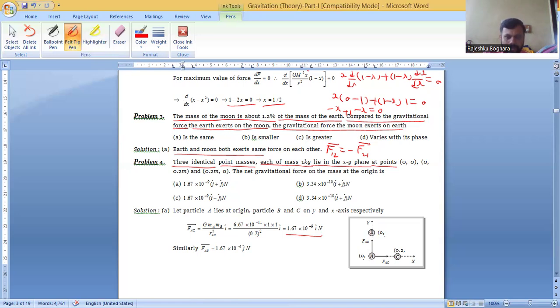The force on A due to B is also 1.67 times 10 raised to minus 9 j cap newton. So this force is in this direction and that force in this direction.